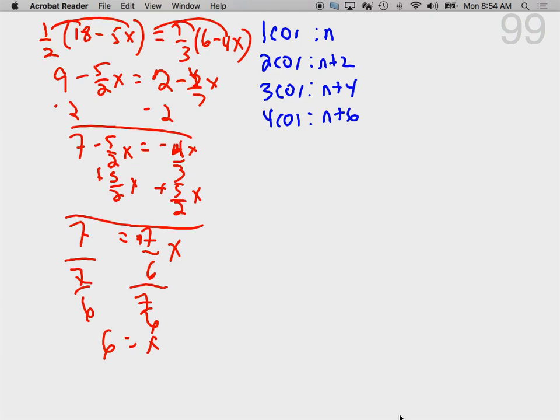Okay. Such that twice the sum of the first, and the second. Now, the way it's worded, it says such that twice the sum. If I do twice the sum, I'm gonna do twice the sum of these two, which is n plus 2.